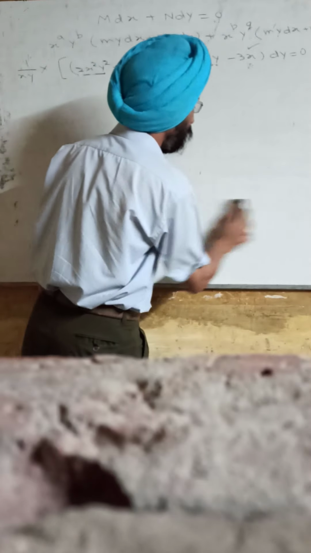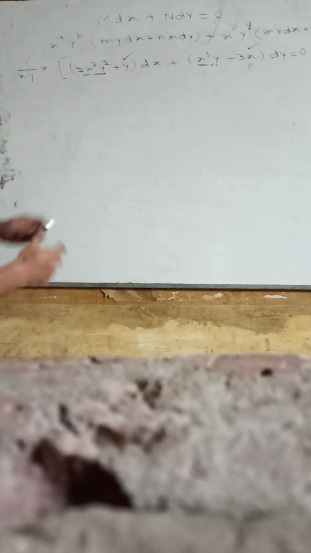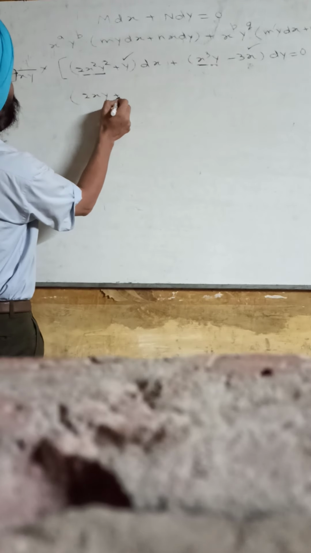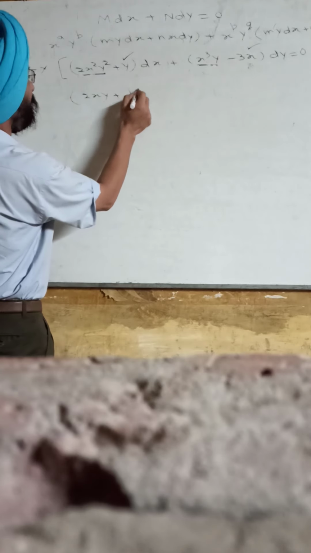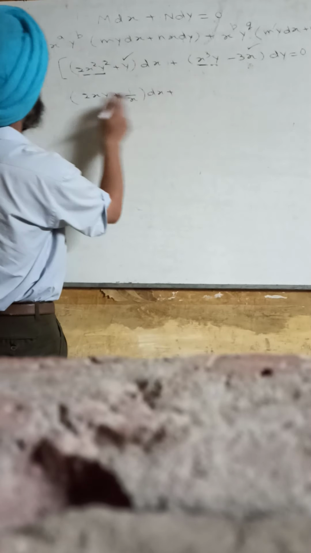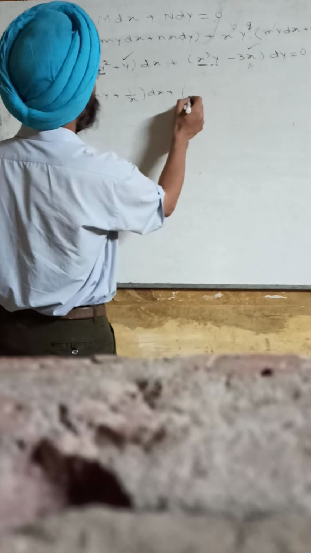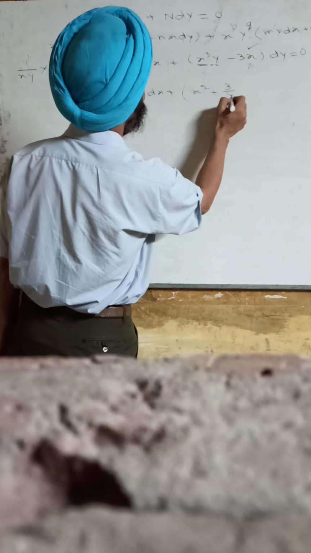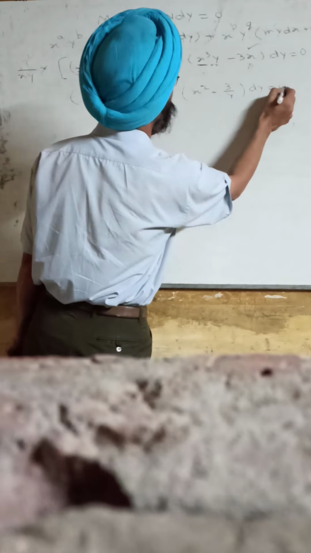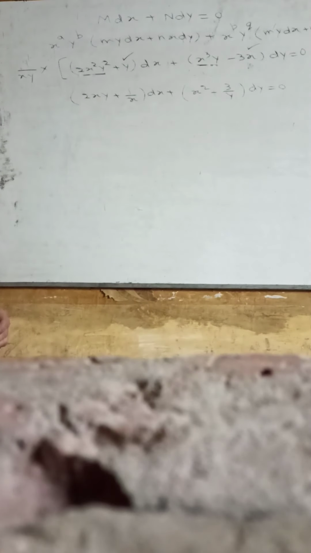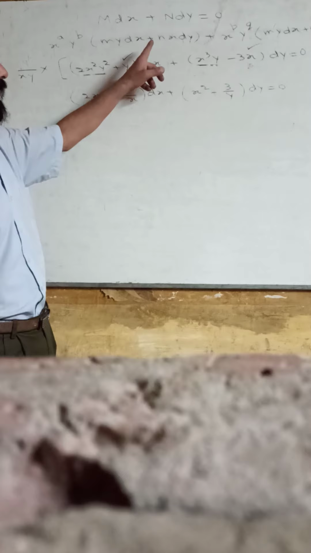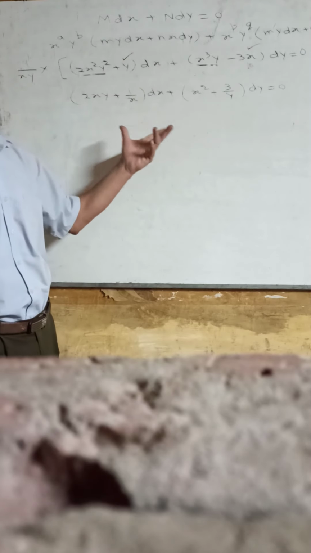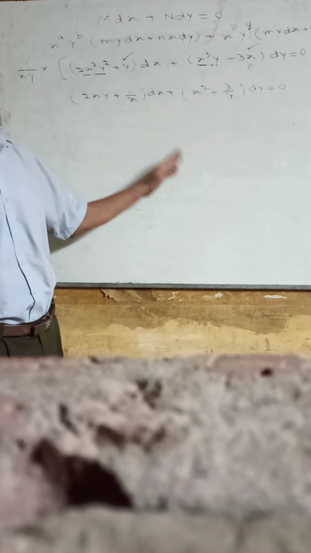When you multiply 1 upon xy in the first bracket, you will get 2xy plus 1 upon x dx, plus multiplying the second bracket, you will get x square minus 3 upon y dy is equal to 0. Since we have multiplied the given differential equation with integrating factor, no need to check whether it is exact or not, it will be exact.